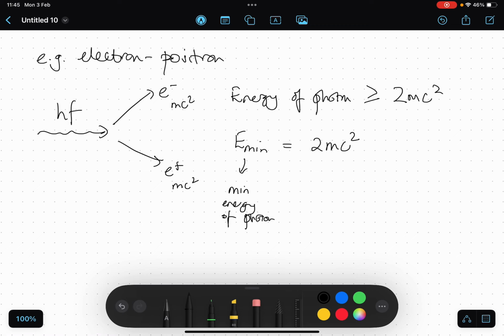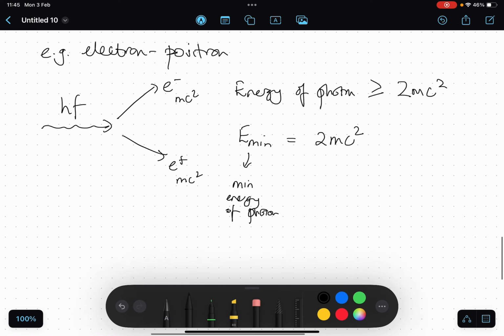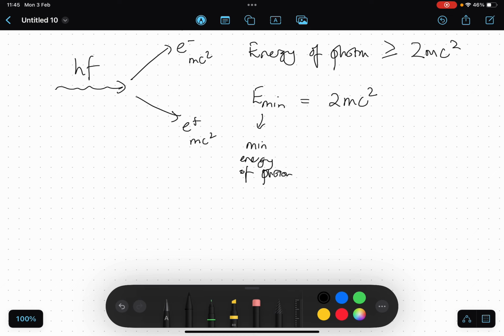Okay, now we can relate this again to frequency and to wavelength. So 2mc squared has got to be equal to, what shall we do first? Let's do frequency first.